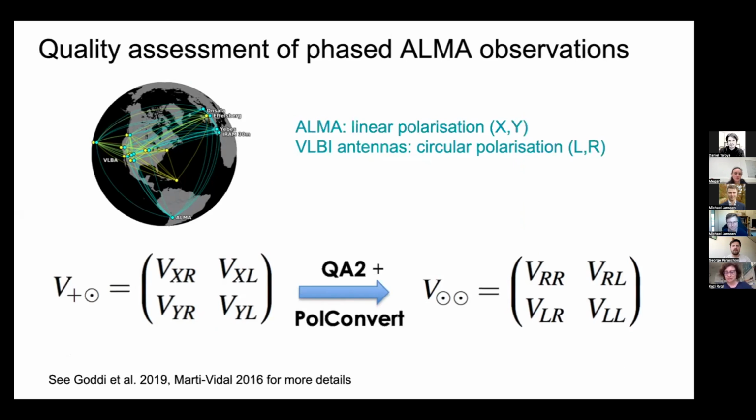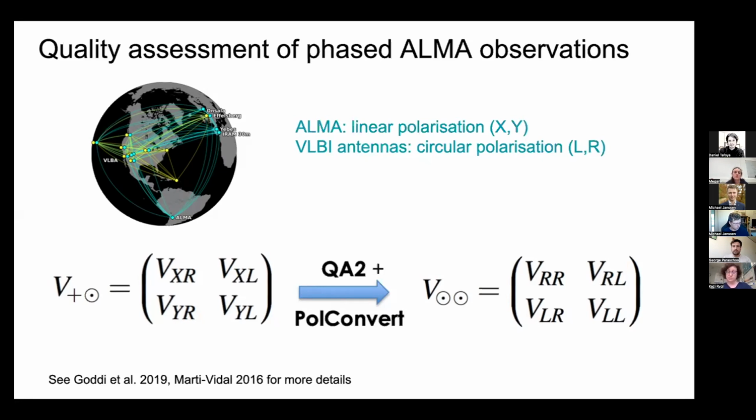So this phased ALMA data also passes through quality assessment, as does all ALMA data. However, the main purpose of this quality assessment is a little bit different, and I will explain that a little bit more. So ALMA has linear polarization feeds, and when it records polarized signals, it will do so in X and Y polarization. The other VLBI antennas have circular polarization feeds, and when they record polarized signals, they record them as left and right.